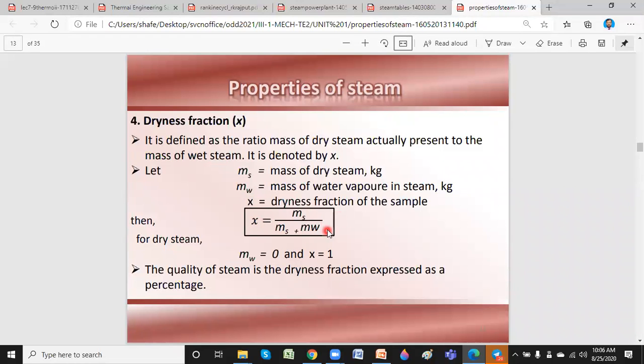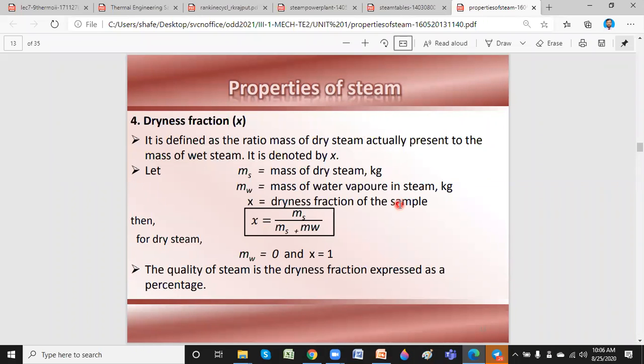So mass of steam by total mass, that is water plus steam: in the total mixture, how much is steam? That gives the dryness fraction of the sample. This is very important.